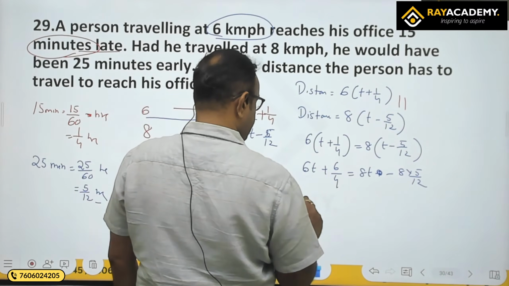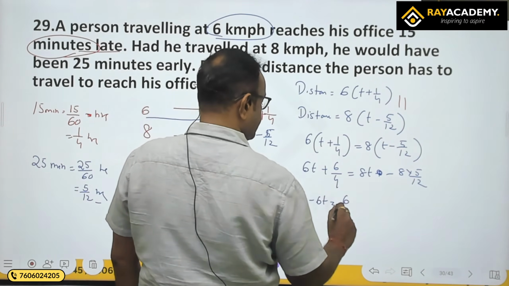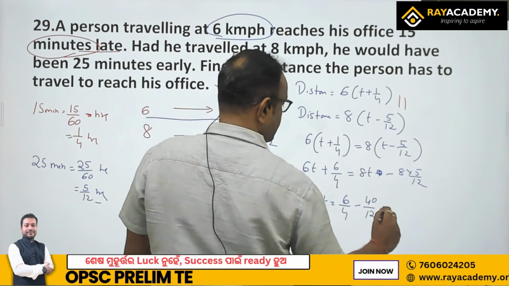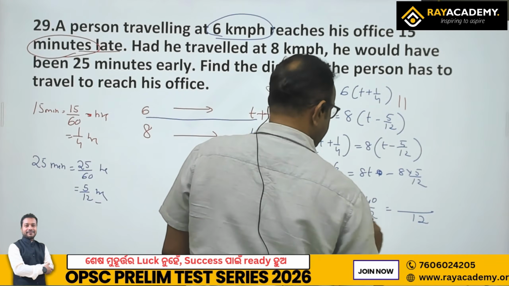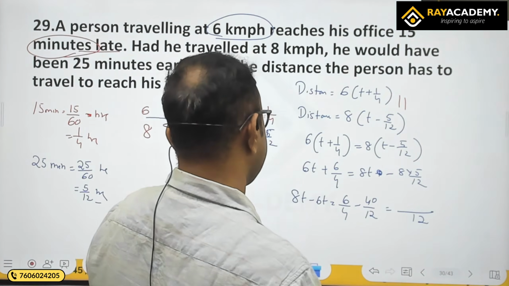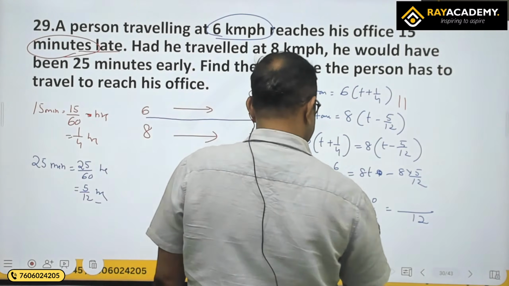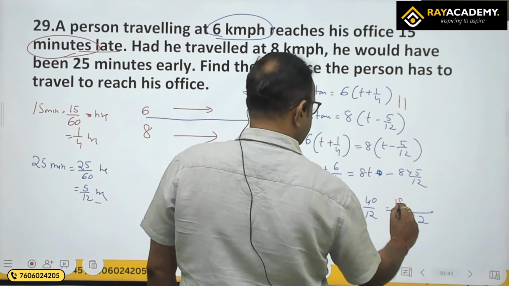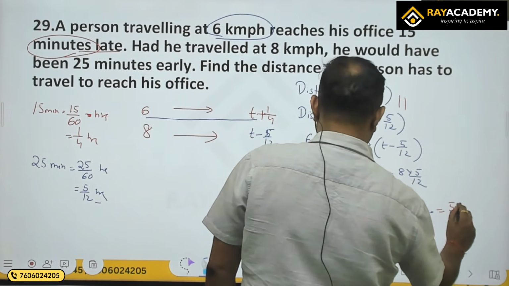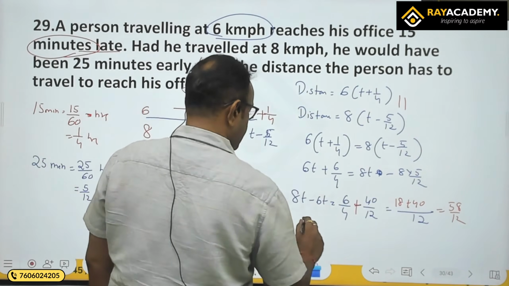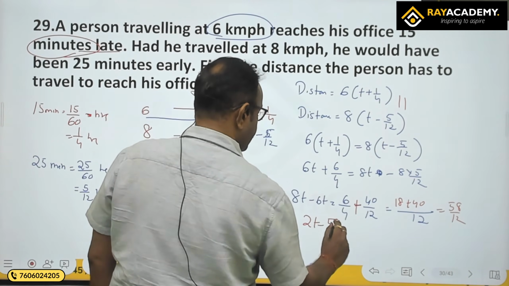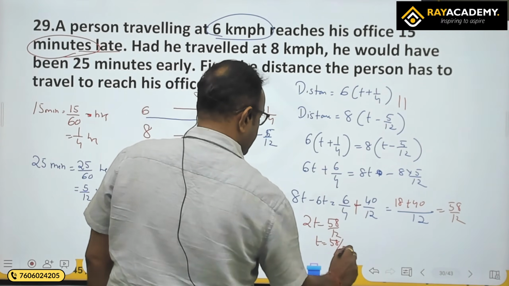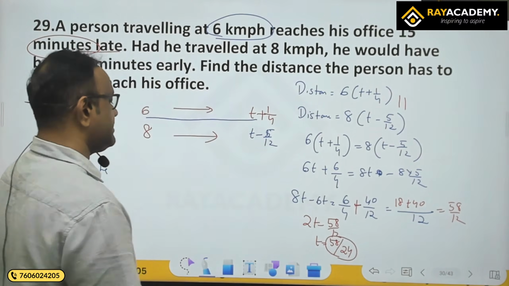So 8t minus 6t equals 6/4 plus 40/12. Taking 12 as common, 18 plus 40, this is 58/12. So 2t equals 58/12. So t comes to 58/24.